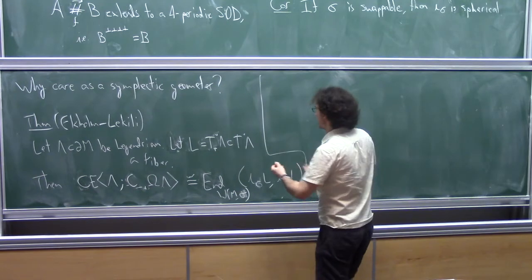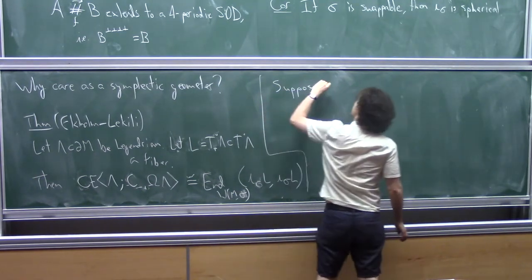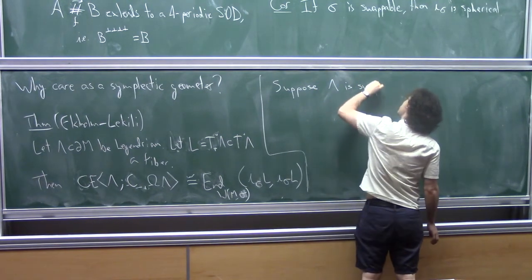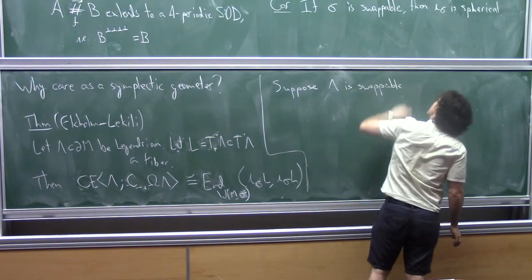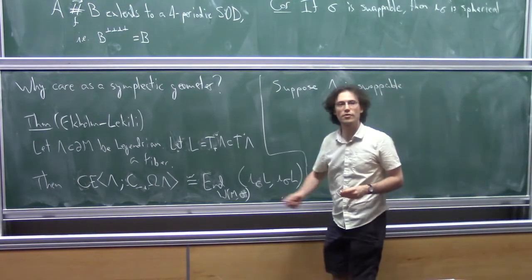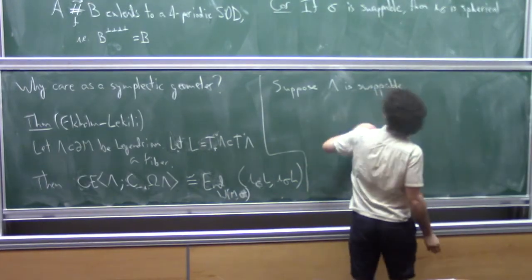Okay. So now, suppose lambda is swappable. Then this functor I sigma is spherical, and so we can start rewriting this.